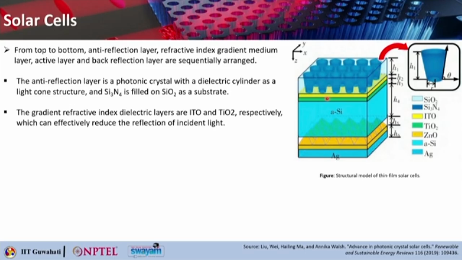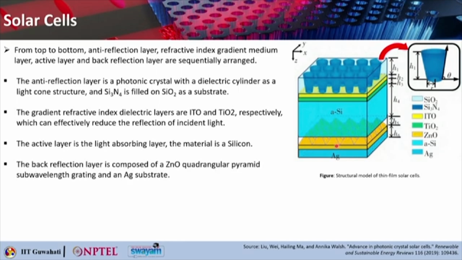Then you have the gradient refractive index dielectric layer such as ITO and TiO2 respectively, and they can effectively reduce the reflection of the incident light. The active layer here, which is basically involved in absorbing light, is basically amorphous silicon.